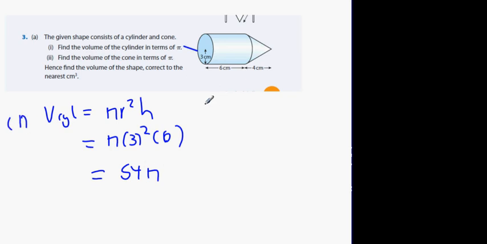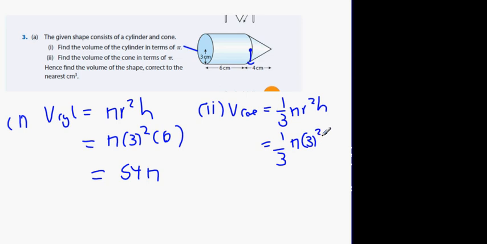The cone is part 2. The volume of a cone is a third pi r squared h. It's going to be a third multiplied by pi multiplied by r squared. It has the same radius, remember, so it's 3 squared and its h is 4, so that's going to give us 12 pi when we put it all in. Hence find the volume of the shape correct to the nearest centimetre cubed.